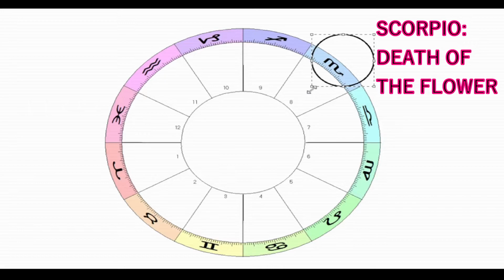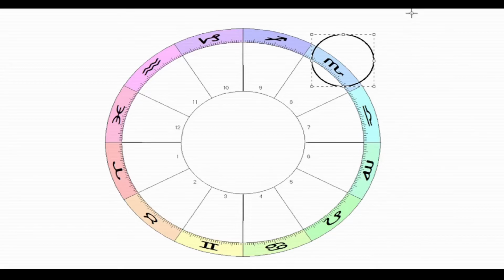It's not complete death, right? The plant isn't dying, but the flower is dying, okay? So it's interesting because Scorpio is a fixed sign, but it has to do with massive change, but the death that is necessary before that massive change, okay? So this is Scorpio energy, and it is the middle of the fall.